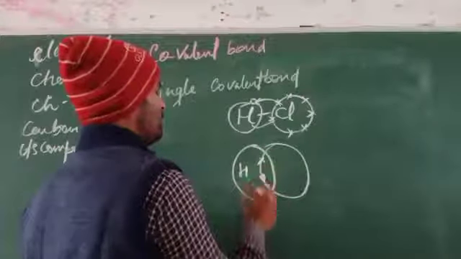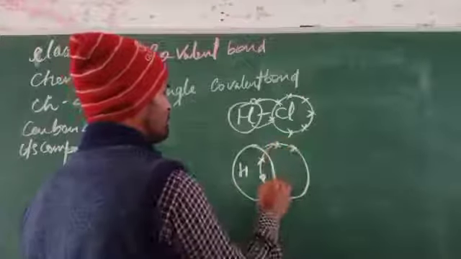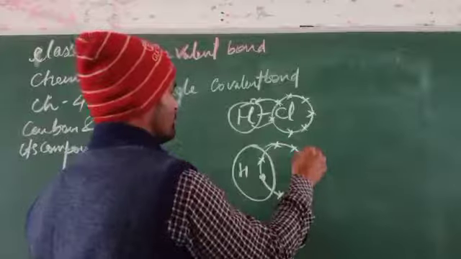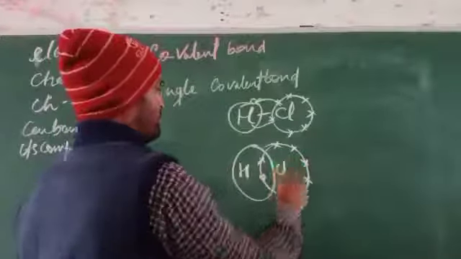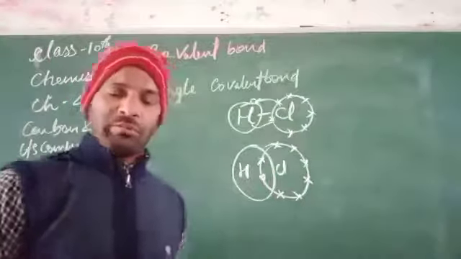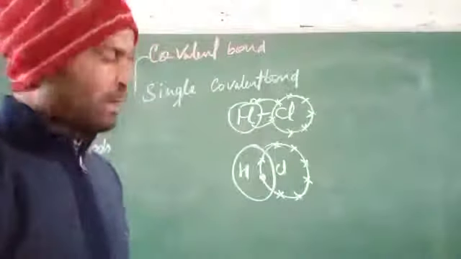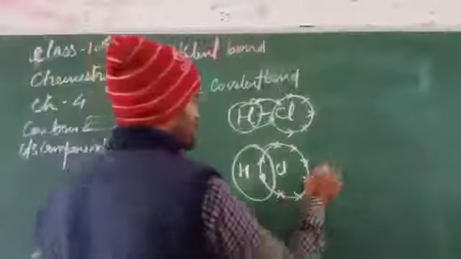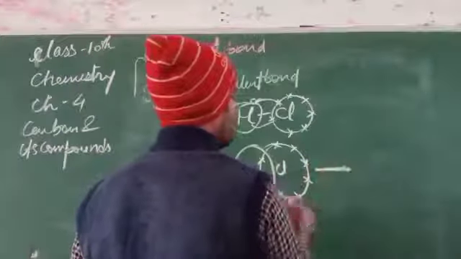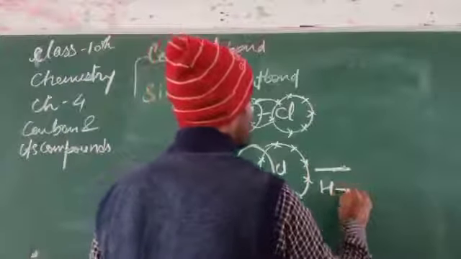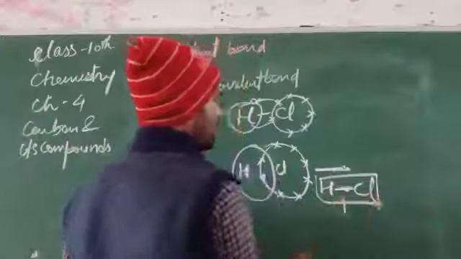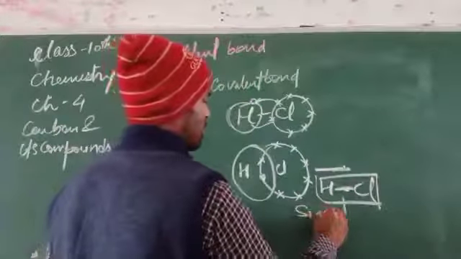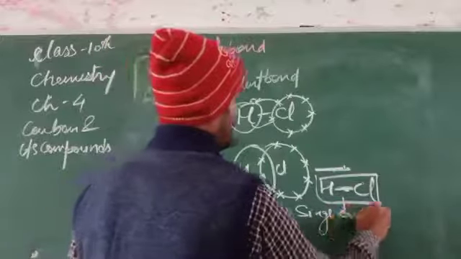One electron from hydrogen and one from chlorine form the complete octet state. This forms hydrochloric acid, HCl, and this single bond is called a single covalent bond.